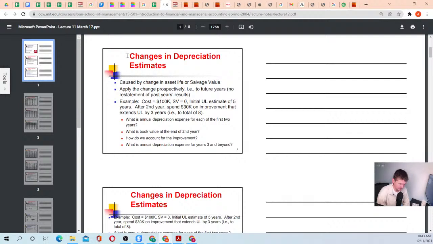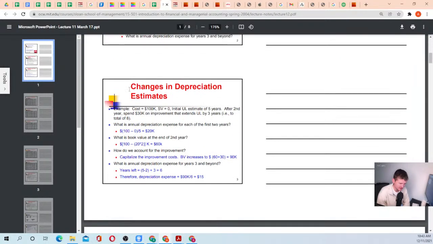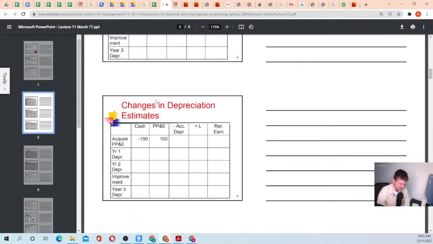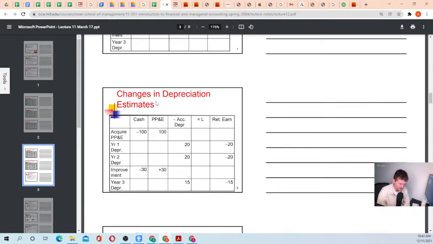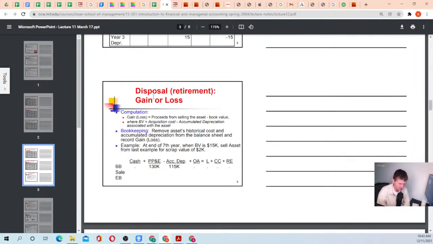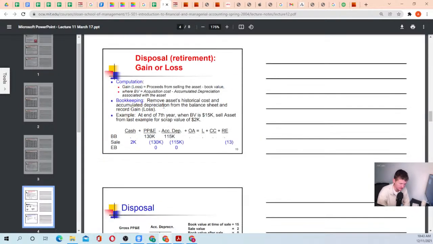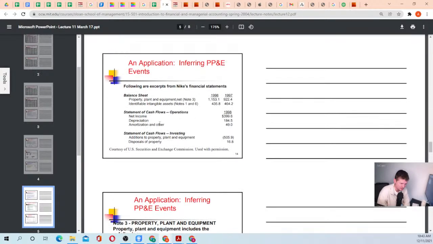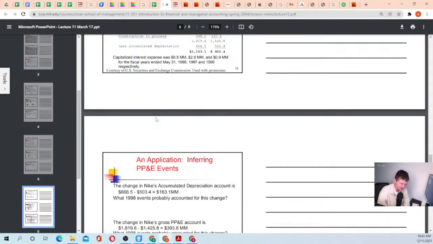So we will review changes in depreciation estimates and how they impact our accounting. Okay, so mostly we will deal with changes. Oh, we also got a disposal. Disposal is something we covered a bit in cash flow statements, but we will look into it in more detail in further PP&E events.